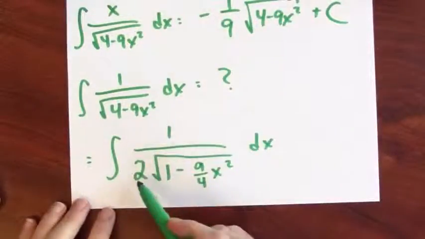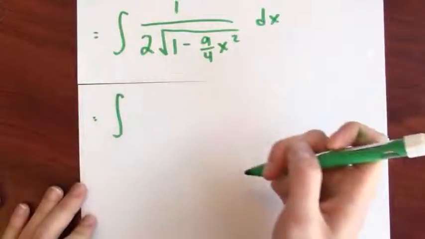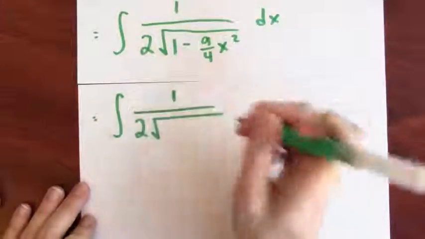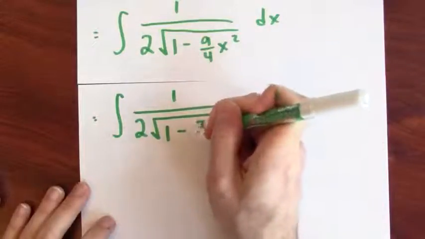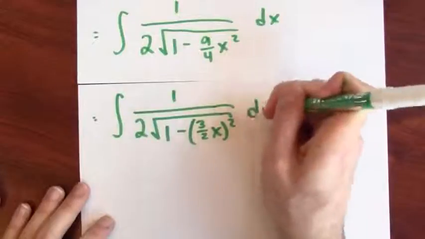And you might be wondering, why is there a 2 on the outside and a 4 on the inside? Because the square root of 4 is 2. My plan here is to make the denominator look like the square root of 1 minus something squared. Rewrite this integral again as 1 over 2 the square root of 1 minus, and instead of 9/4 x squared, I'll write it as 3/2 x squared dx.